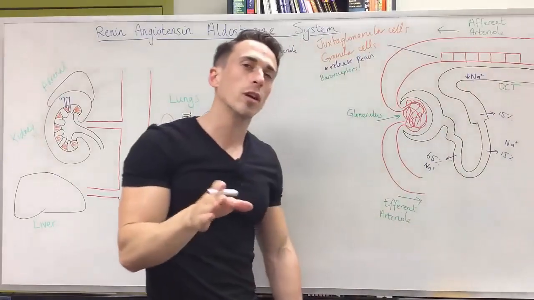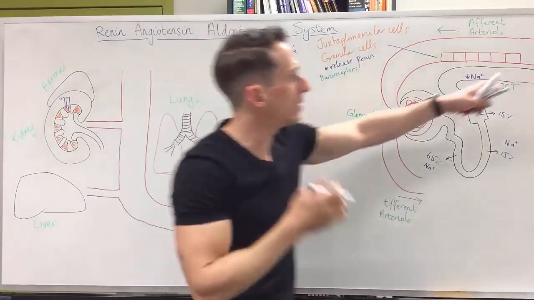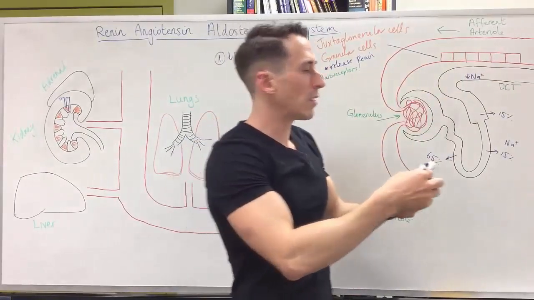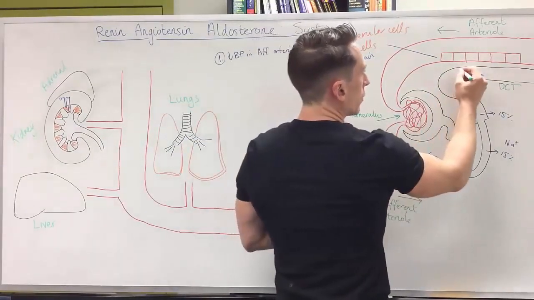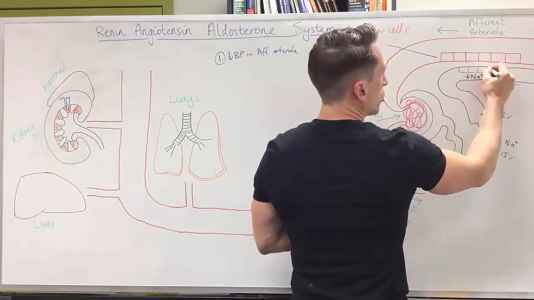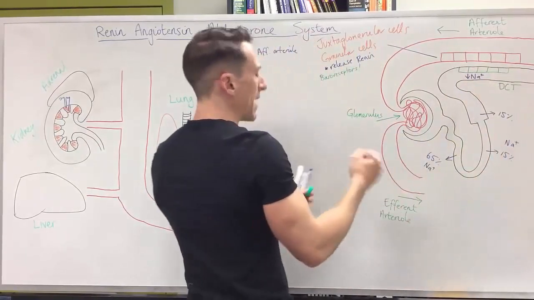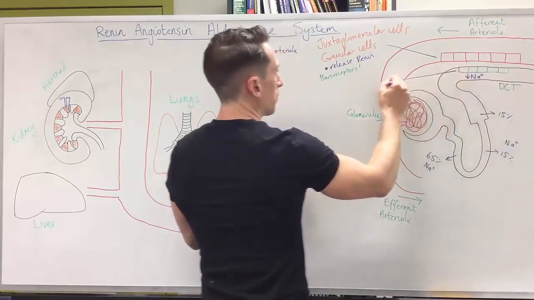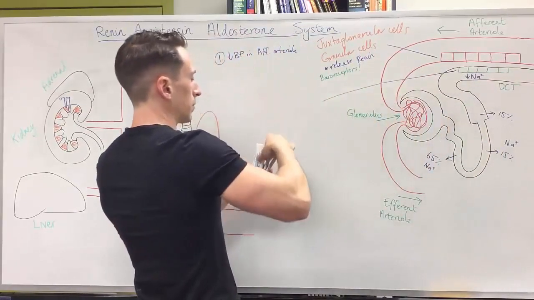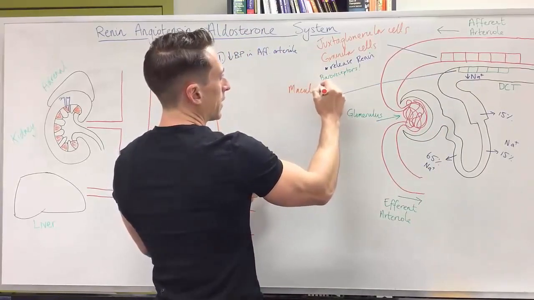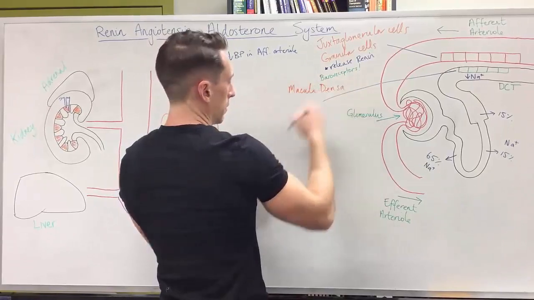This is the next trigger to release renin. But how? If we're in the distal convoluted tubule and these cells are here, well, there's a cell type in the distal convoluted tubule that measures concentration. They're called macula densa cells.